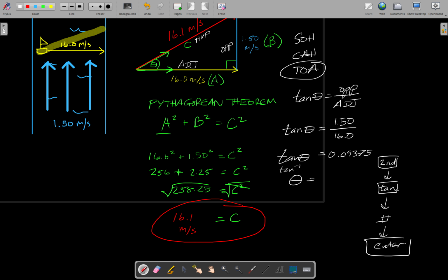So the inverse tangent of 0.09375 gives me an answer of 5.355. I'm going to say roughly about 5.4 degrees, and so that is my angle.